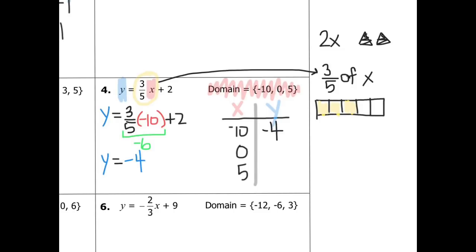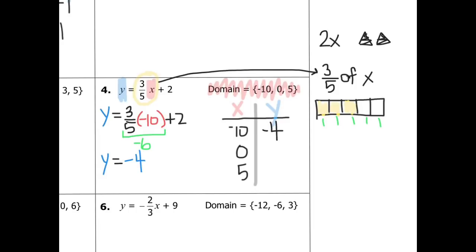I'm going to go down to the third domain value, the domain value of 5, and say if I am dividing 5 into fifths, that would mean that my whole would have 5 equal parts of 1. And now if I focus my attention on what 3/5 of x is, when x is 5, that would mean 3/5 of 5 would be 1, 2, 3.